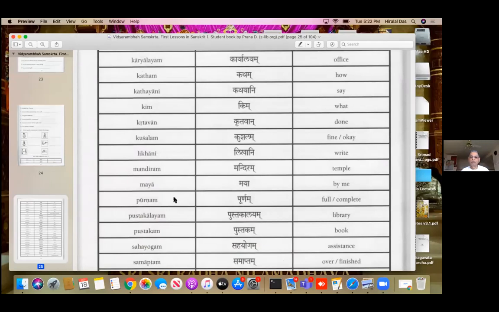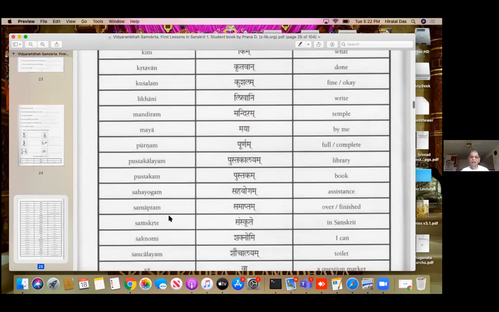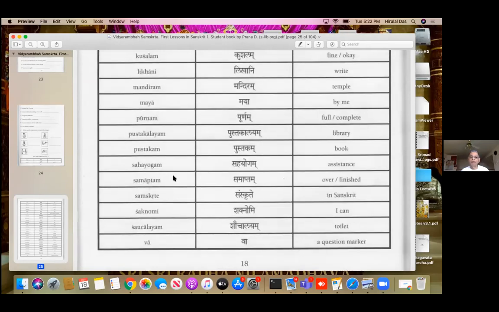Purnam, full or complete. Pustakalayam, library. Pustakam, book. Sahyogam, assistance. Samaptam, over or finished. Sanskrute, in Sanskrit. Saknomi, I can. Sauchalayam, toilet. And va is a question marker.